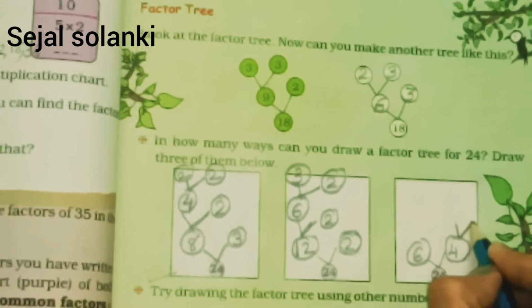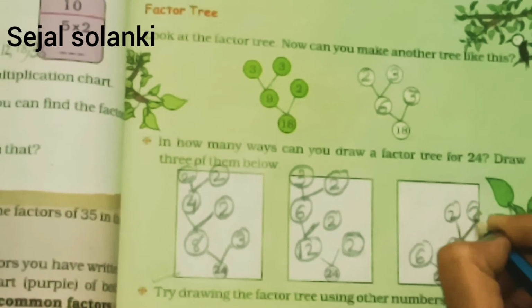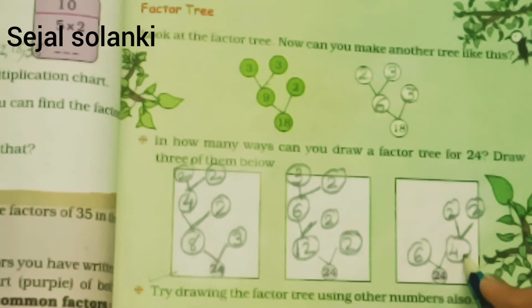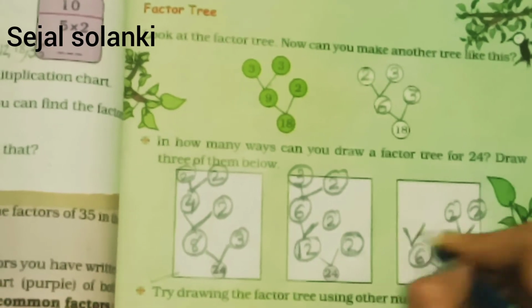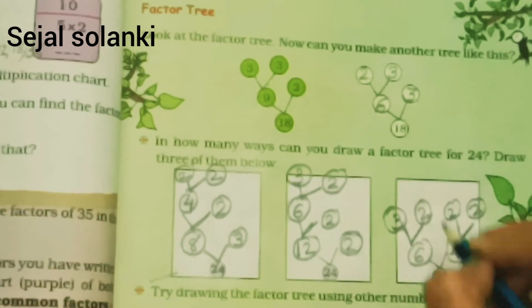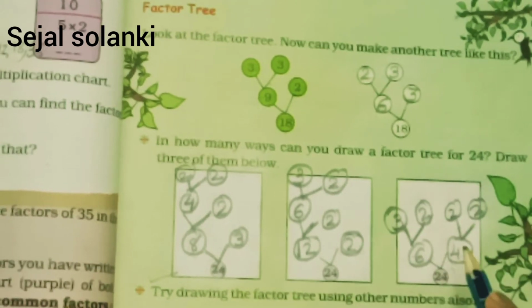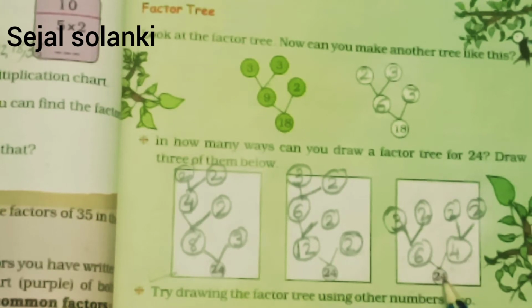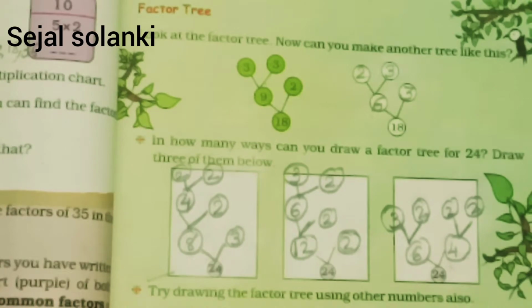We can break 4 as 2 into 2. 2 2s are 4. And 6 also we can break, 3 2s are 6. 2 2s are 4. And 4 6s are 24. So these 3 ways are there to make a factor tree.